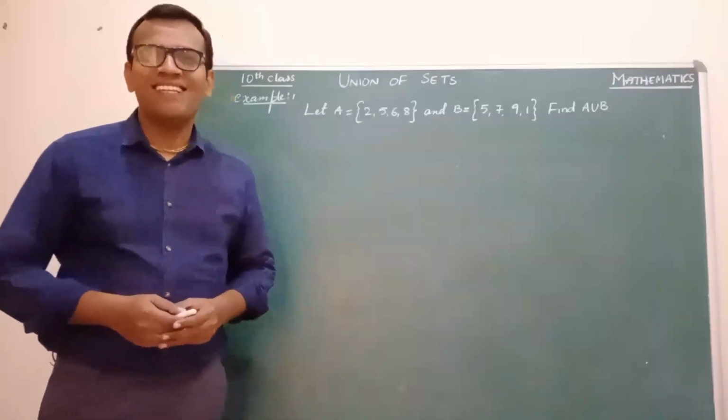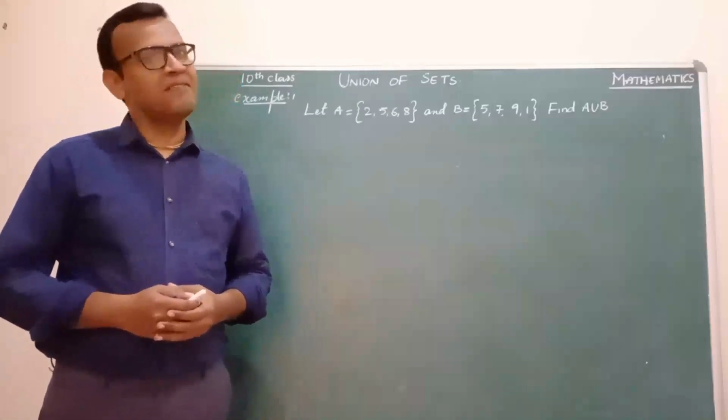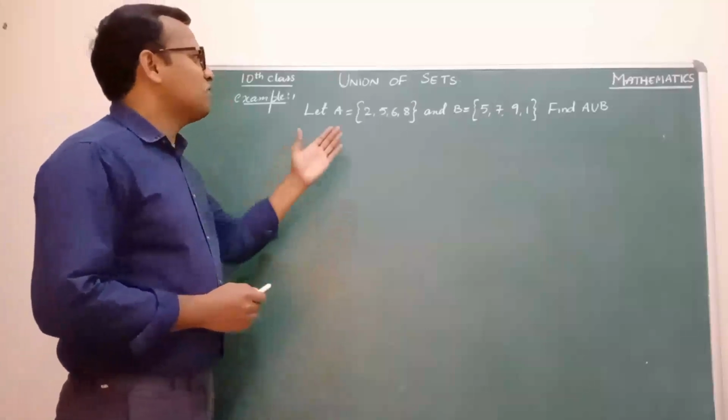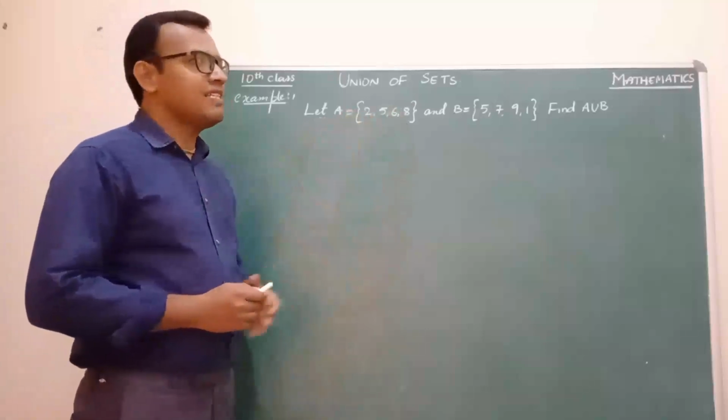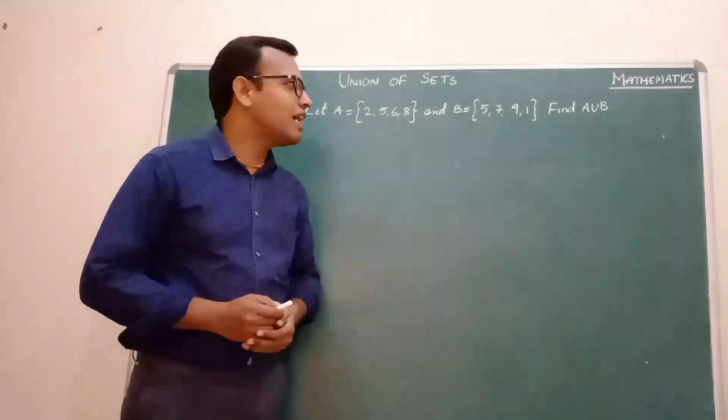Now let us see some problems on this operation, union of sets. The first one is like this. A is equal to the set of 2, 5, 6 and 8 and B is equal to the set of 5, 7, 9 and 1.